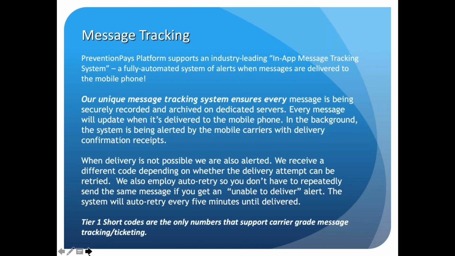When delivery is not possible, we will provide you with a code that is part of the timestamp, and it will let you know that it was unable to be delivered, and the reason why. If it's retriable, it will automatically retry on a 5-minute cycle. You can help somebody else while that message is being retried, or continue on with the conversation. It might just be that one message got stuck in a retry cycle.